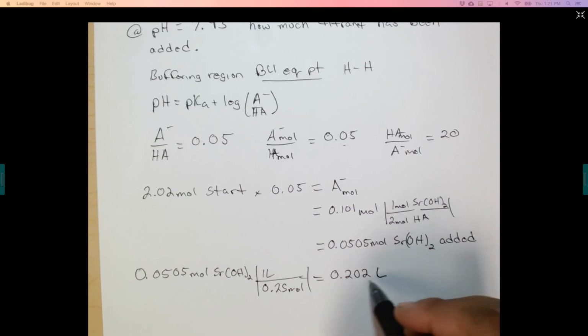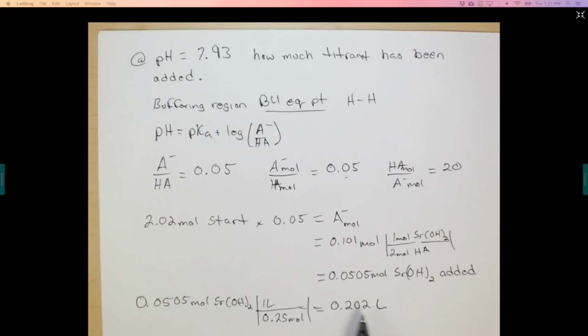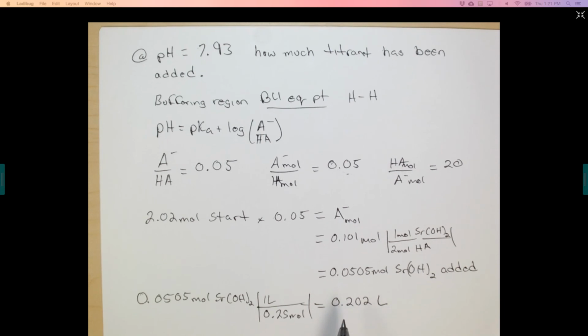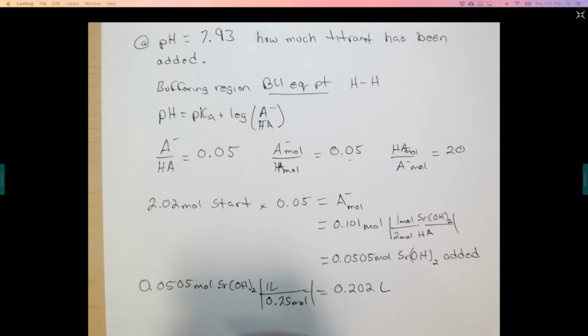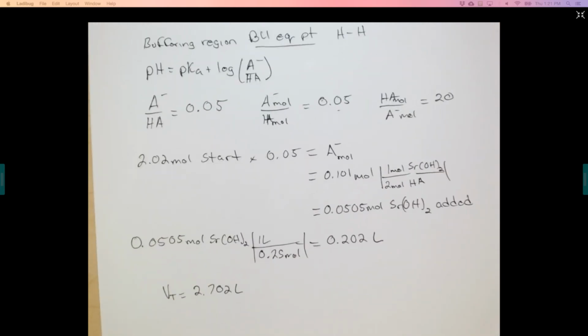So we are dealing with a volume addition of 0.202 liters. Now our total volume is approximately 2.702 liters.